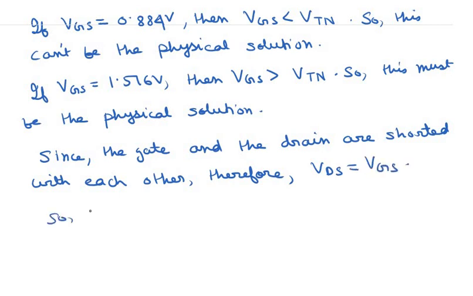So VDS equals VGS equals 1.516 volts. Okay, so this is the answer.